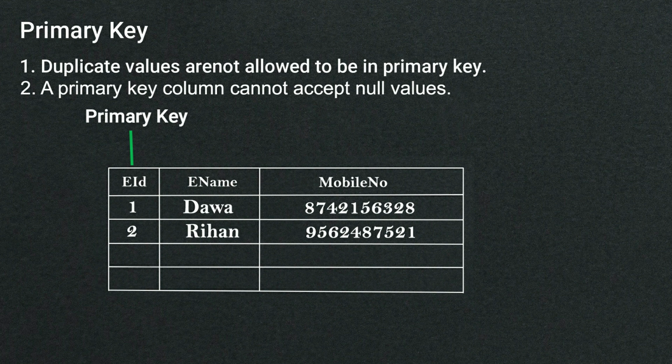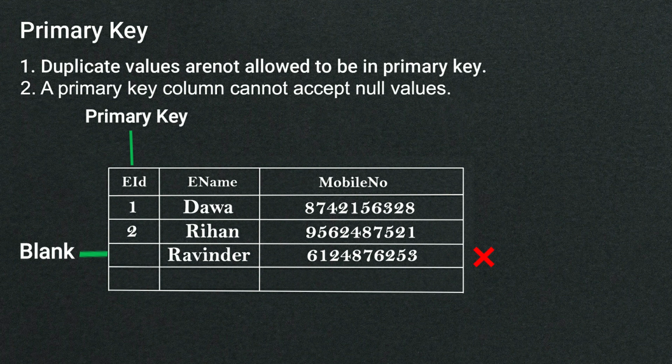So let's insert values in the third row, but here I will not give any value in the employee ID column. We'll leave it blank, okay? And employee name Ravinder and mobile number 6124876253. Now tell me, will this value be inserted into the table or not?